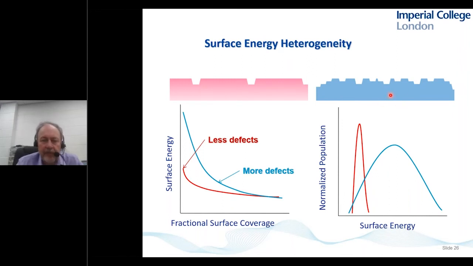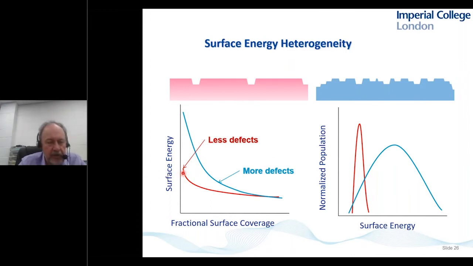Whereas my blue sample has a lot of different heterogeneities, whether these are pits or other chemical heterogeneity, it doesn't matter. So when I look at my heterogeneity data, there are differences like this. Firstly, for the pink surface, I've got a very narrow distribution, potentially low energies, whereas for the blue one, I have a wide distribution, but some of the energy is also quite high.